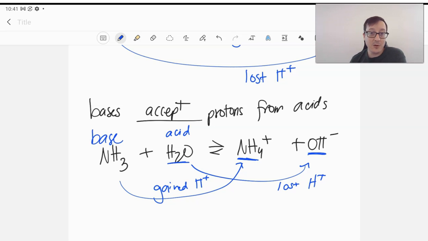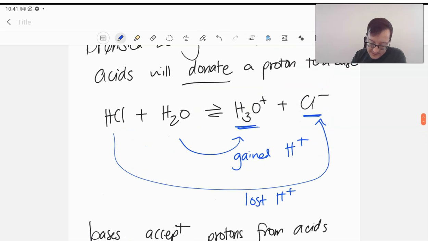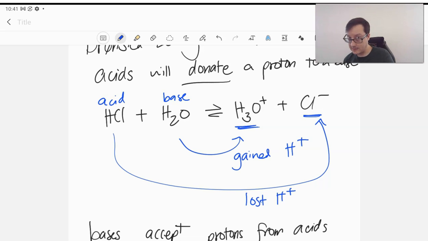We may not be familiar with talking about water as an acid, but it can behave as such, so we can call it an acid. So that works. And if we revisit the last one, we saw that HCl was our acid, and then water was our base. Now that's curious. Water is an acid or a base. That's weird. We'll see that in the next video.